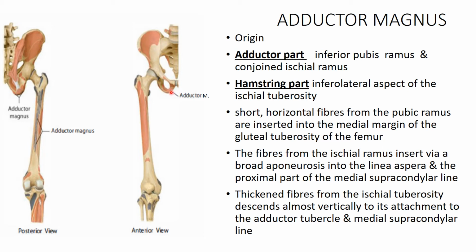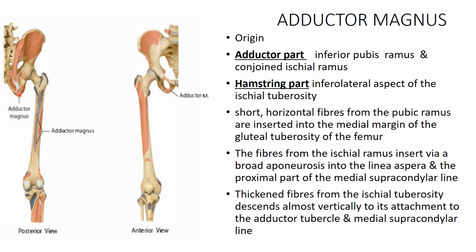This part is the adductor part, and the part arising from the ischial tuberosity is the hamstring part. So it arises from the infralateral aspect of the ischial tuberosity. Now from here, there are two different parts. One arises from the ischial tuberosity. This is a thickened portion, thickened fibers.